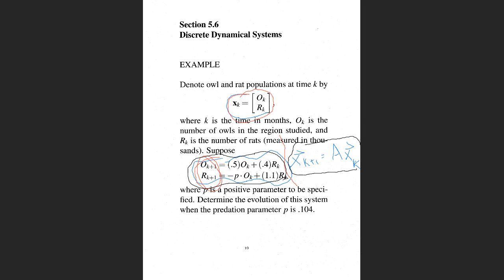And what's A going to equal? If A is a 2 by 2, I need 4 numbers. I want you to be comfortable with this.